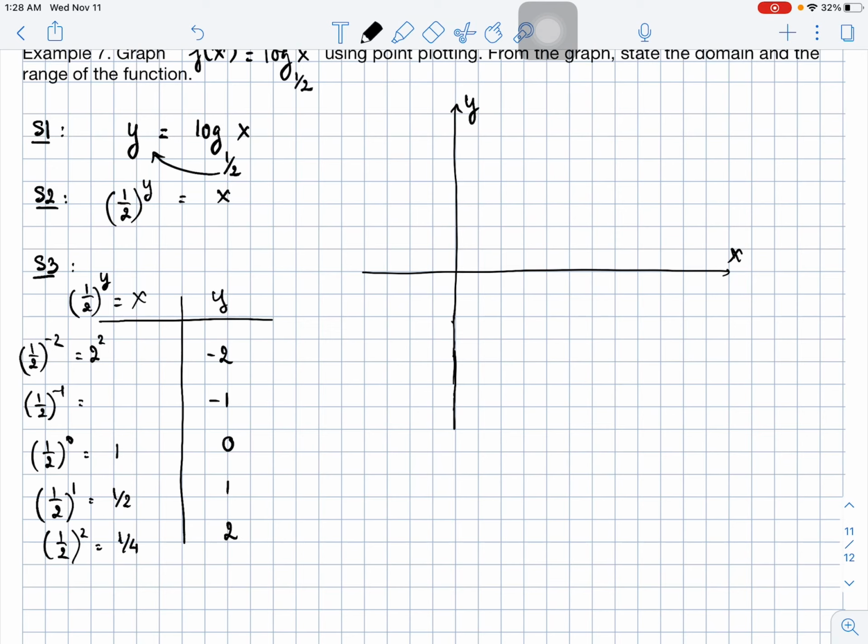Because we take the reciprocal of the base, the exponent changes to positive. So we get 4, and for the 1/2 to the -1, we get the answer 2. If you don't know this, go ahead and use a calculator.